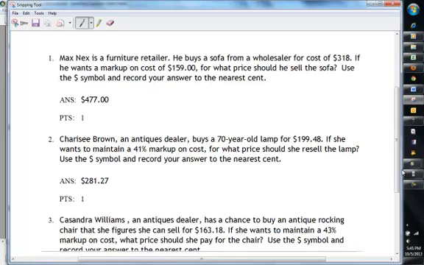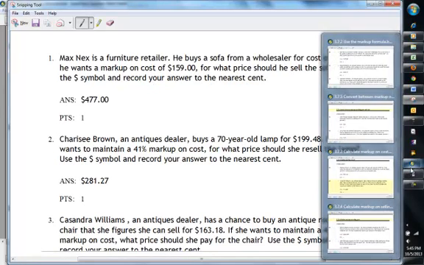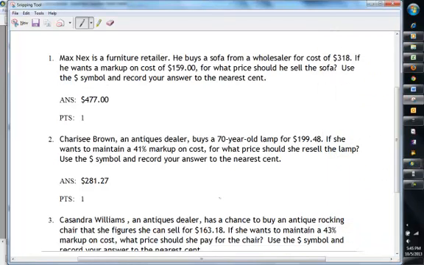All right, Max next is a furniture retailer. He buys a sofa from a wholesaler for a cost of $318. If he wants the markup on cost, so cost is the bottom, you've got the percent side and the dollar side. On a cost of $159, for what price should he sell? So cost plus markup is selling price. $159 is the cost.